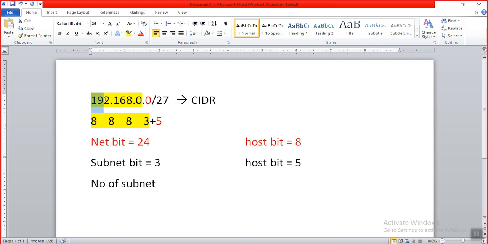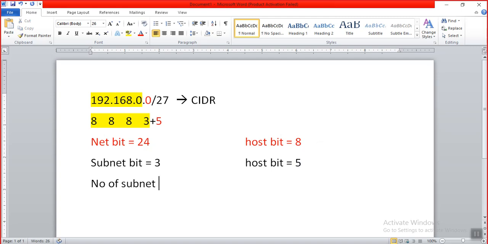Each and every octet should be 8 bit. 8 bit, 8 bit, 8 bit, 8 bit. From this 8 bit, 3 bit to network and 5 bit to host. So 3 bit network means previously it is 24, now it is 27. So that subnet bit is 3 and host bit is 5.